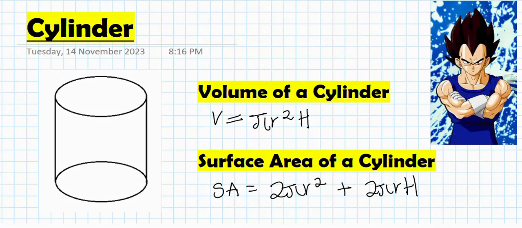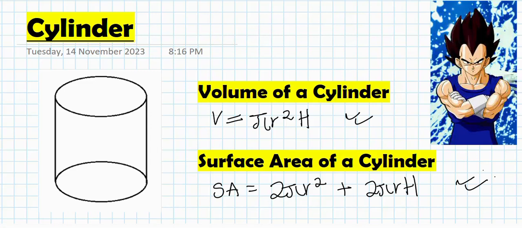So here I want to help you understand how to derive a formula for a cylinder. With regards to a cylinder, these are the formulas you have. Right here, that's the formula for volume, and right here, that's the formula for surface area.